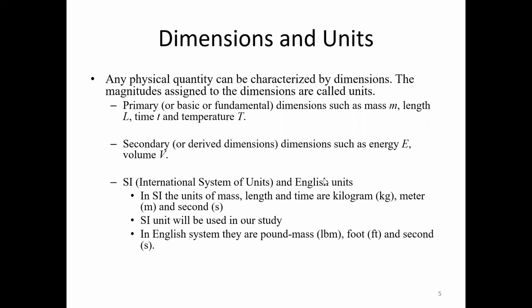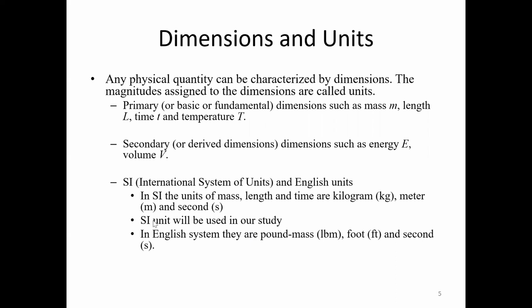And there are two types of units used these days, but the first one is the most popular worldwide: the SI, International System of Units. In SI units, we give the mass in kilogram, the length in meter, the time in second, and so on.